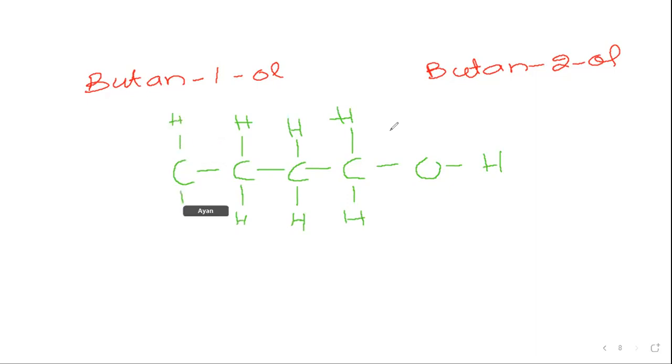So far, so good. So would this be correct for butan-1-ol? Right. Let's draw butan-2-ol. Wait, for 2-ol, what difference does the 2 make again? It's present on the second carbon atom and not on the first one. Oh, yeah, I get it now. I remember. Good.